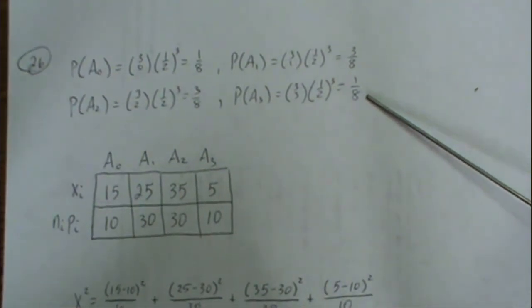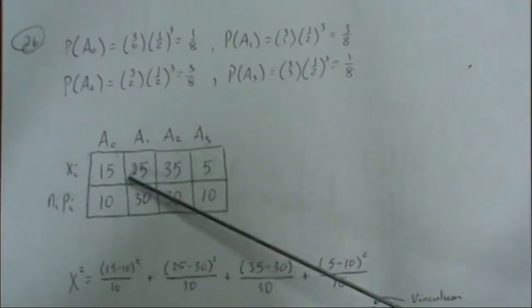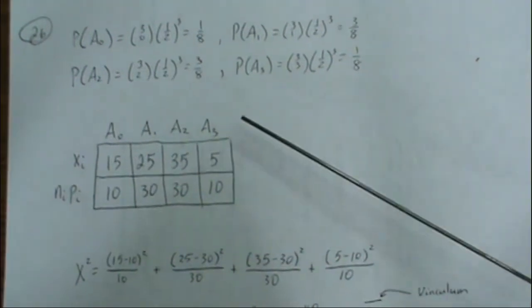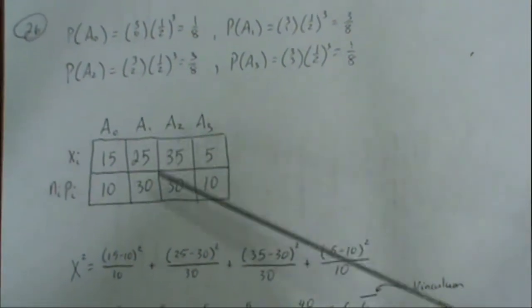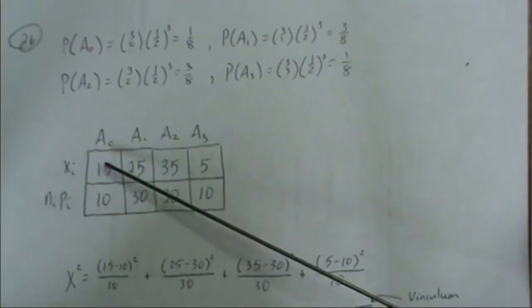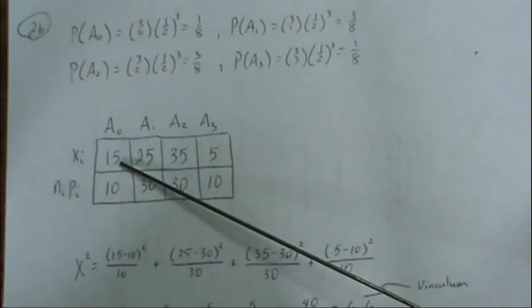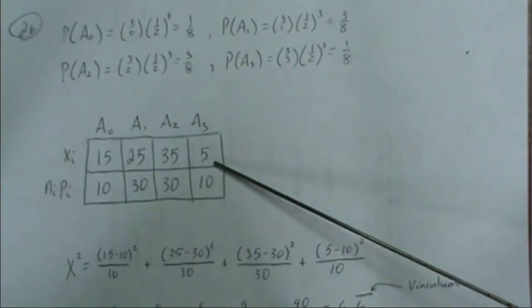We want to test the hypothesis of this. There are 80 observations, and we find out how many fall into each region. So xi is our observation, that's our data: the 15, 25, 35, and 5.